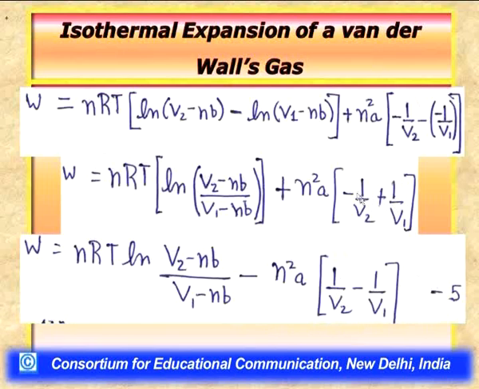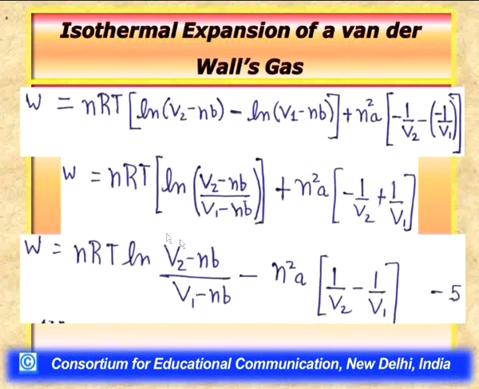Now, if we take the minus sign common from this second term, since instead of writing plus here we have written minus, it means we have taken minus common out of the bracket term, and it becomes 1 by V2 minus 1 by V1. So we have calculated the value of the work involved.